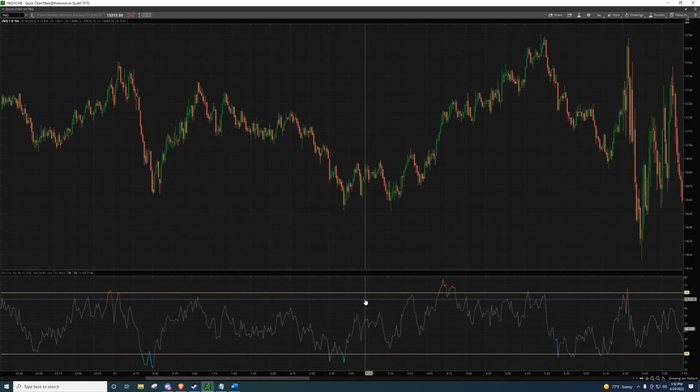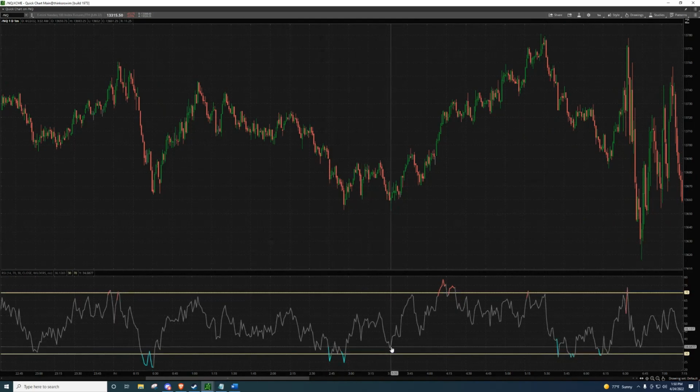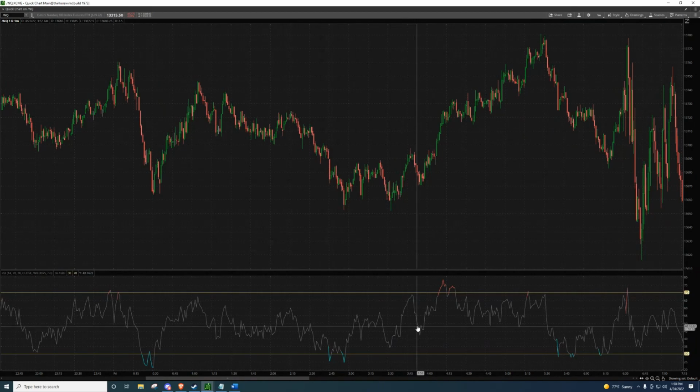Where price and the RSI will float through the middle of the overbought, oversold, and will give us different types of signals based on where it's at in the reset process before it picks a new direction. So a lot of times you won't be able to utilize an oscillator for continuation as well. And if you're a momentum trader, I think that oscillators are probably your bread and butter in that case.